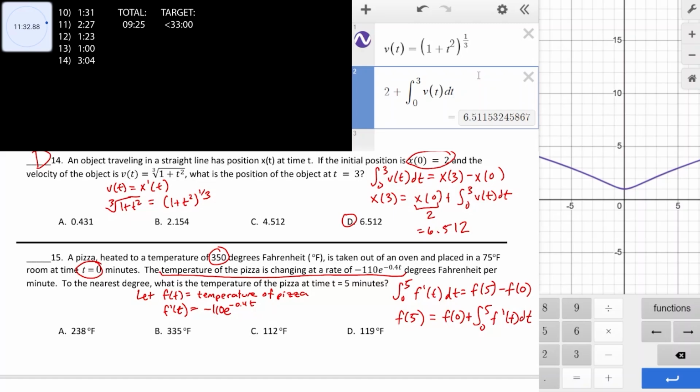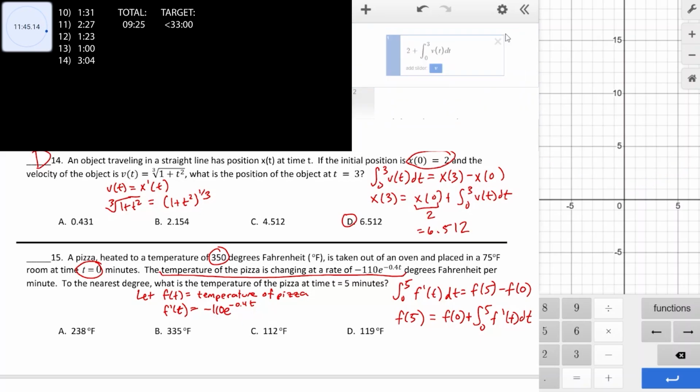Okay, now as I type this into Desmos, since I can't type in f prime explicitly, instead of calling it g, I'm just going to type it directly. So here I'm just going to type f of 0, which says in the problem the temperature at time 0 is 350.